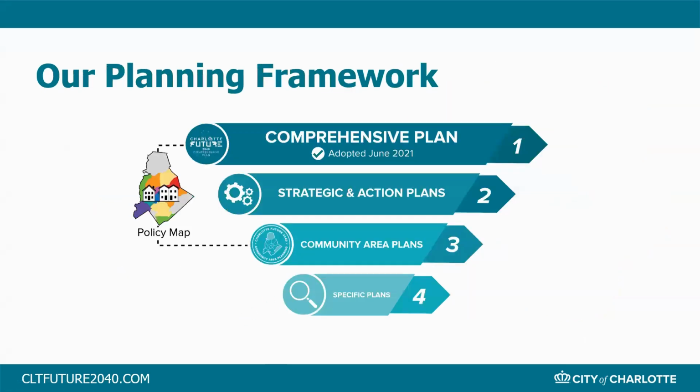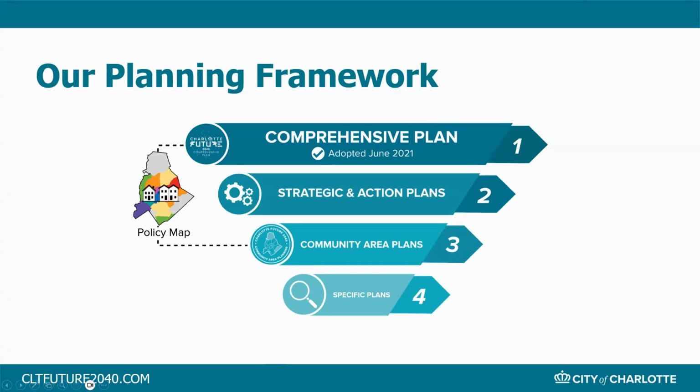While the comprehensive plan provides the broad vision for our community, there are other levels of guidance needed to make our vision come to life. This is the planning framework adopted within the comprehensive plan, and it defines and identifies the subsequent levels of guidance needed.